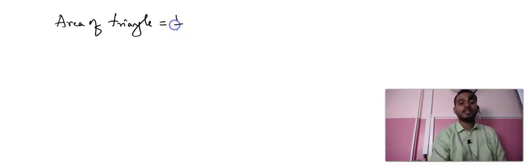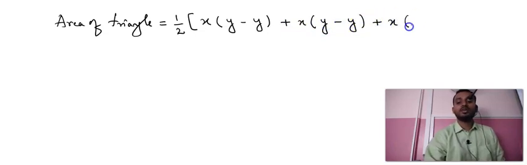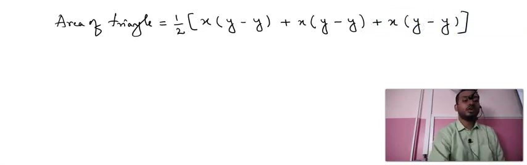But still, once again I will write here: half into x into y minus y plus x into y minus y plus x into y minus y. Close the bracket, close the main bracket. Then what should you write?